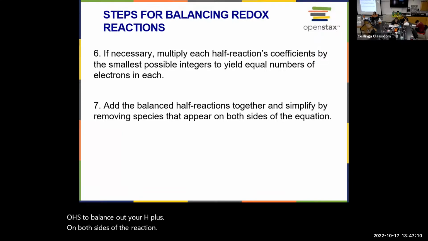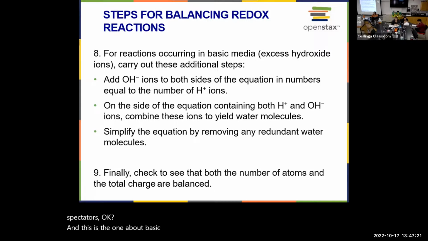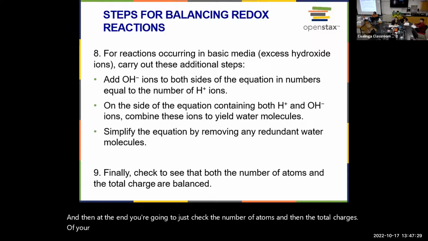And then you're going to get rid of the things that appear on both sides, the spectators. And then at the end, you're going to check the number of atoms and the total charges of your reaction. So you guys want to give this a shot?